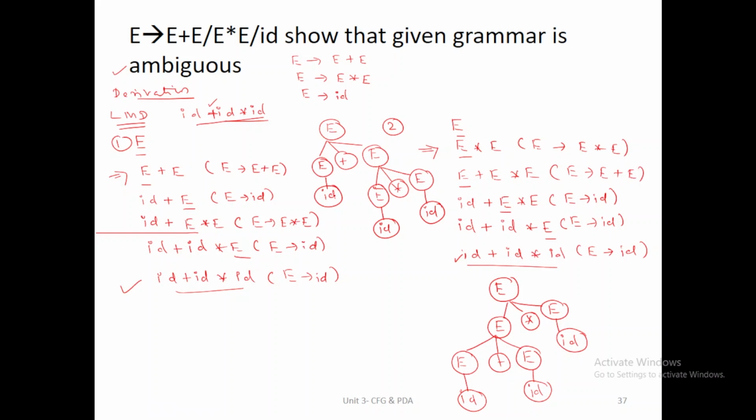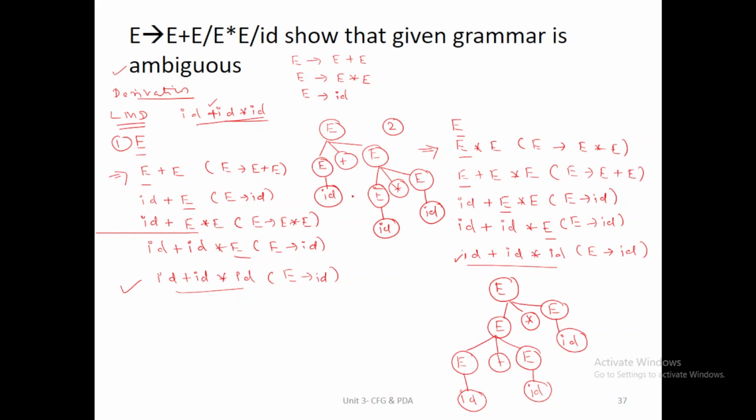Now consider the yield of the parse tree: if you concatenate the leaf nodes from left to right, the input string will be available. The first parse tree yield is id plus id star id. The second parse tree yield is id plus id star id.